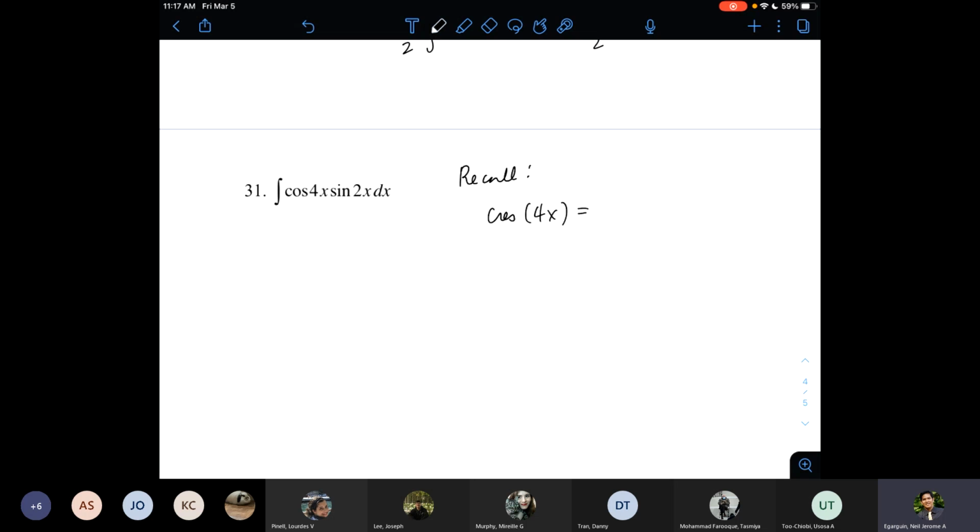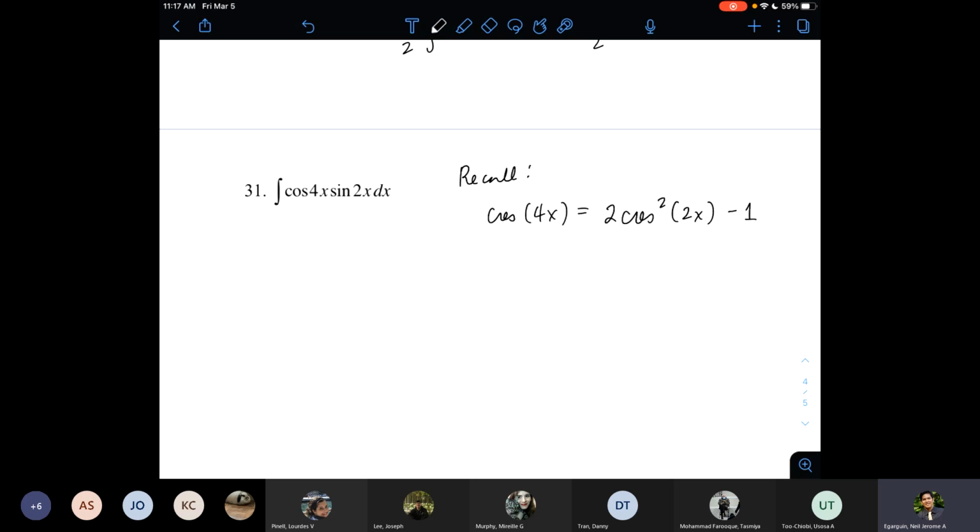Should I write it in terms of sines? I'm thinking what would be the best substitute here. Well, actually, I can write it in terms of cosine. So I'll write it as 2 cosine squared of 2x minus 1.